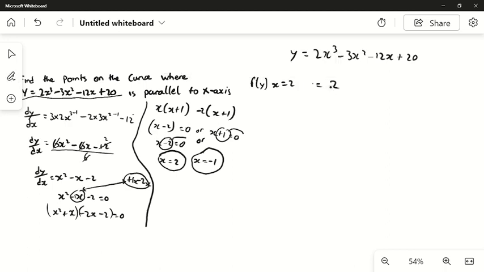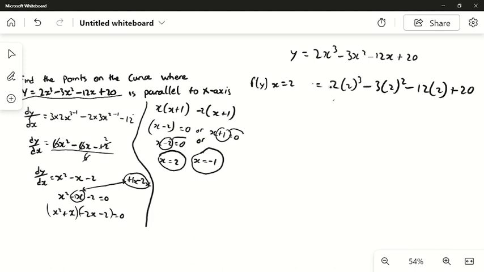Then x is what? x is 2. So we have in bracket 2 close bracket cubed, minus 3 in bracket 2 close bracket squared, minus 12 in bracket 2, plus 20, right?